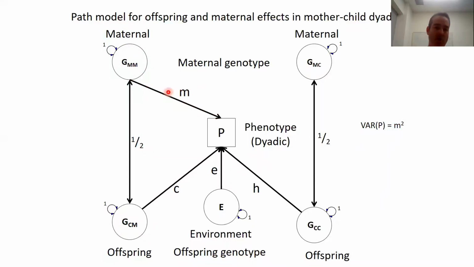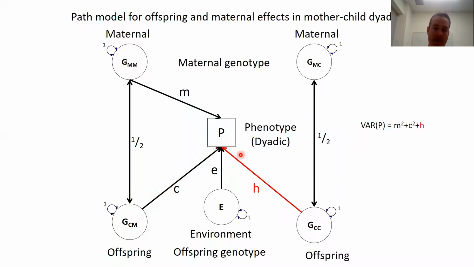Remember that in each chain, we can only go through one double-headed arrow. Another possible chain is down through this C path. So if we go down here, we have C multiplied by 1 multiplied by C, which gives us C squared for this path.